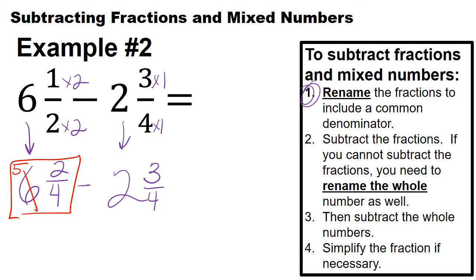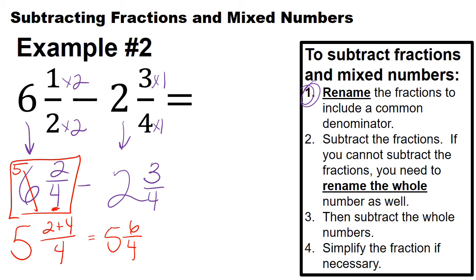So 6 becomes a 5. And now 2/4 is going to be 2 plus 4, which is our denominator, over 4. And so when we borrow from the whole, that number is equal to 5 6/4.